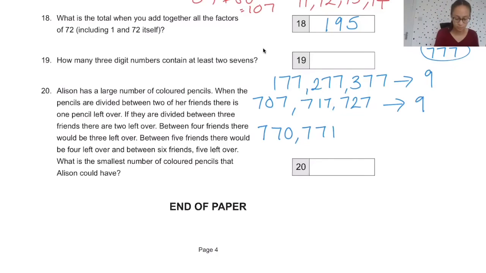We have another 9. And then we just add up these numbers. So the answer should be 27.